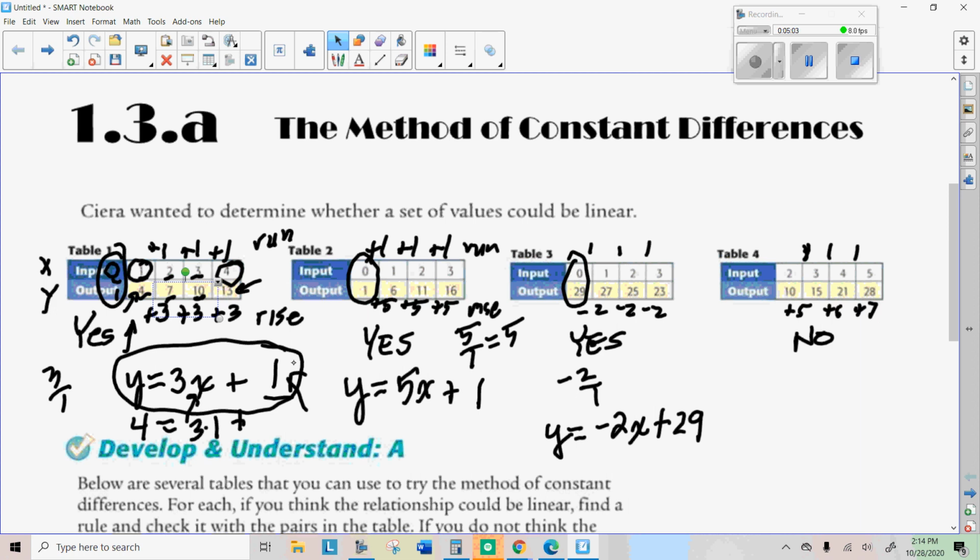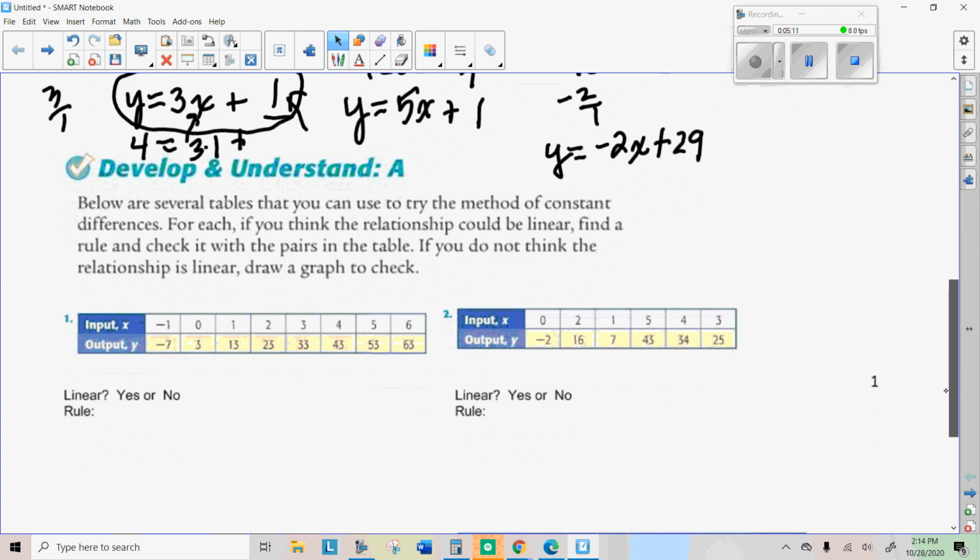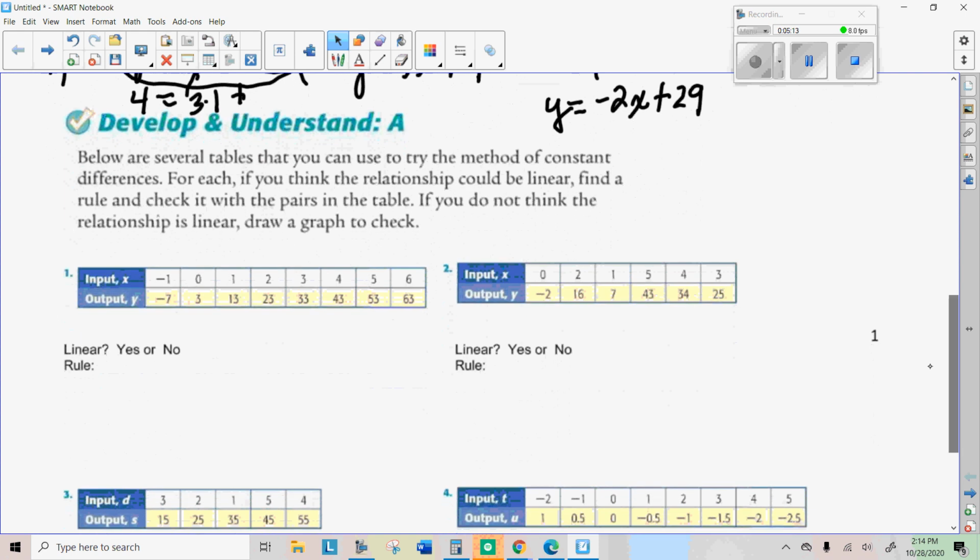All right. Now the last table is not linear, so we're not going to worry about writing the equation for that yet. All right. So we're going to use this thing called the method of constant differences to decide whether or not a table is linear.